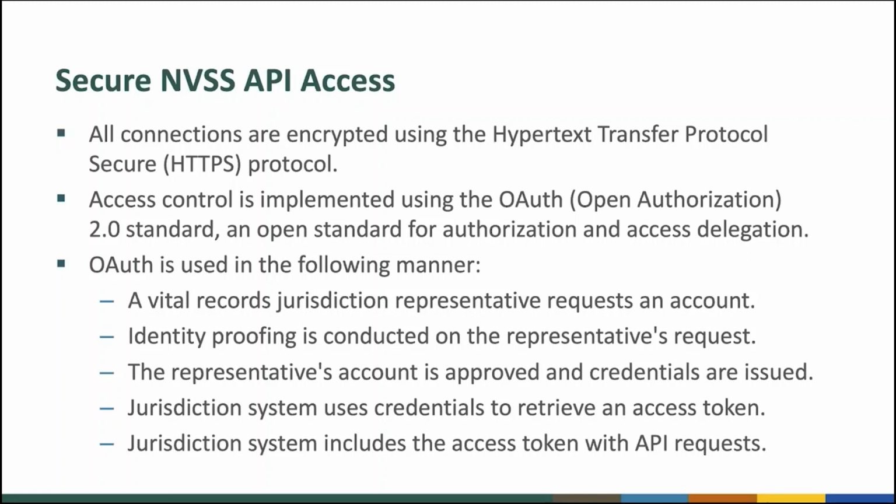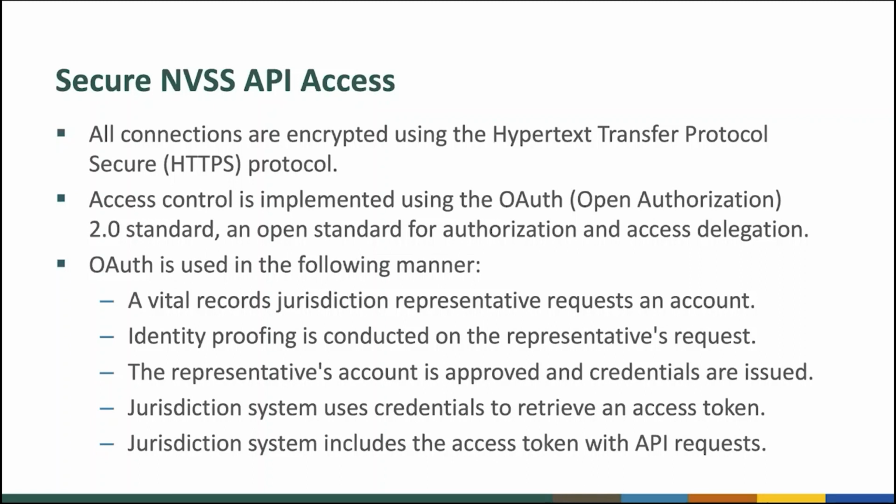A quick walkthrough of the way OAuth is expected to be used. It will begin with a vital records jurisdiction representative requesting an account. This is actually all going to be managed through CDC's SAMS interface. If you're familiar with SAMS or even already have a SAMS account, that would be appropriate for this use. This is a step that may have already taken place.